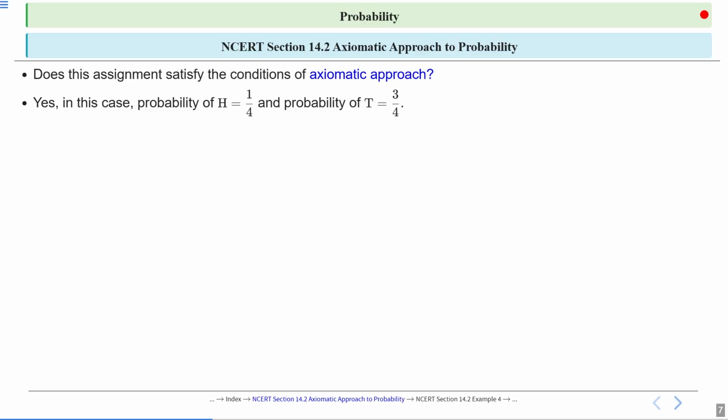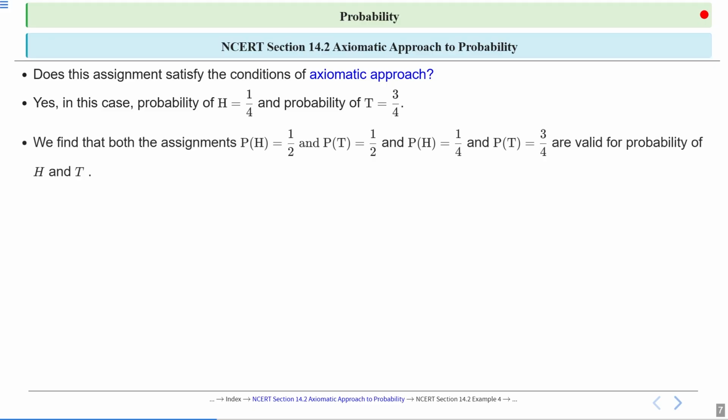And if we add P of H and P of T, we obtain 1, so the second condition is also satisfied. So we find that both assignments, P of H equal to 1 by 2 and P of T equal to 1 by 2, and P of H equal to 1 by 4 and P of T equal to 3 by 4, are valid for the probability of H and T. Clear, students?